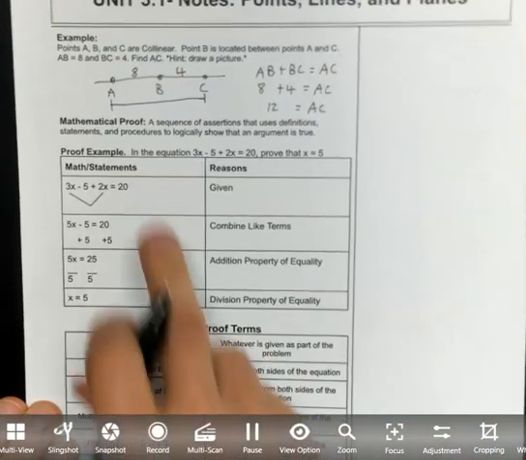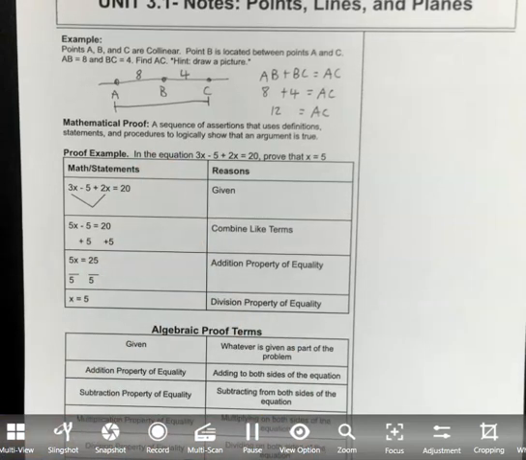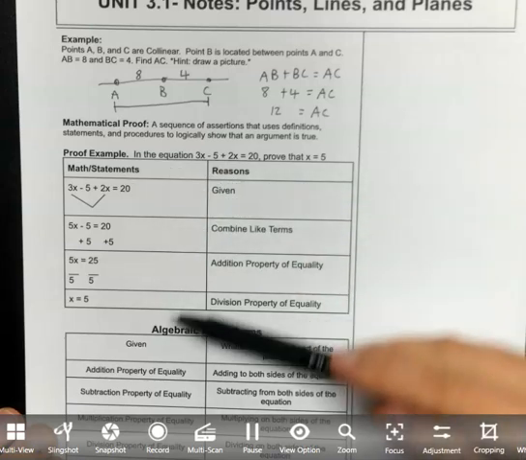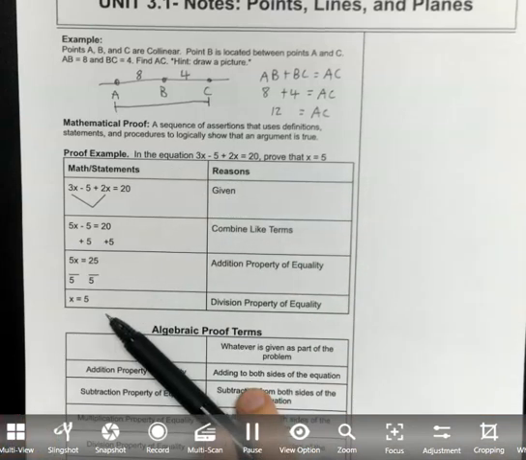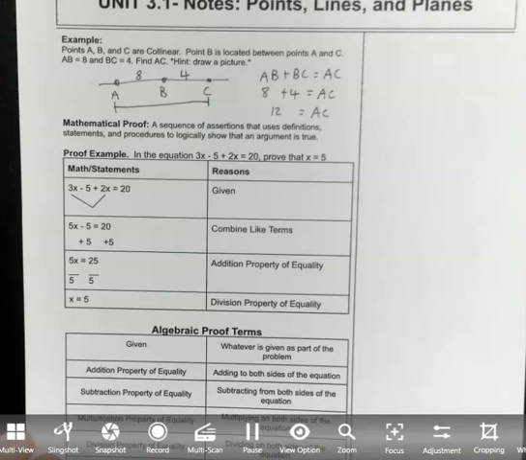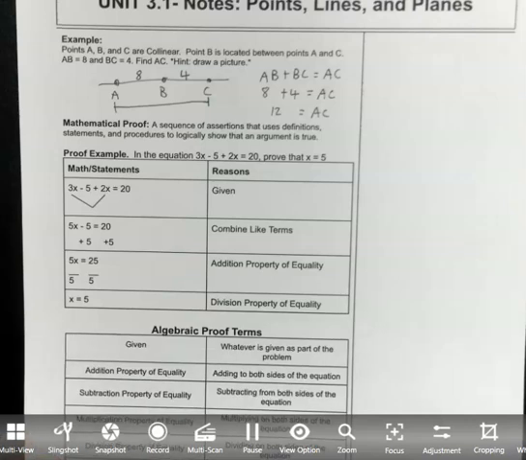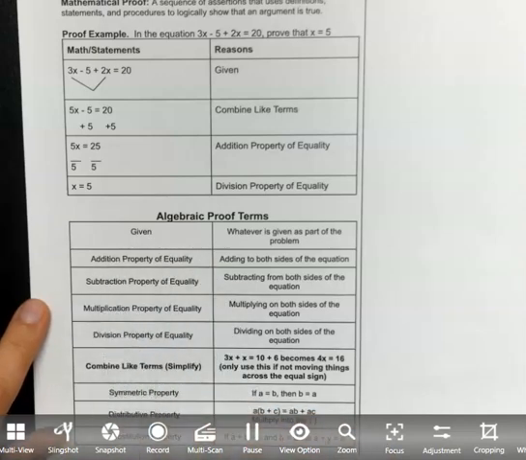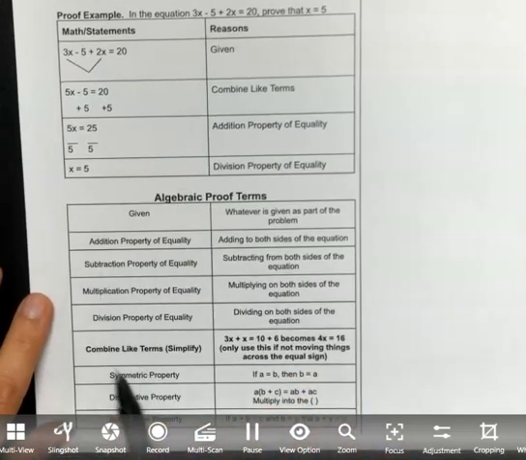All right, next, proof. A mathematical proof is like a logical argument where you're listing out every single step on how you got from one thing to your conclusion, and every single step has to have a reason that's either a definition, a postulate, or a theorem.